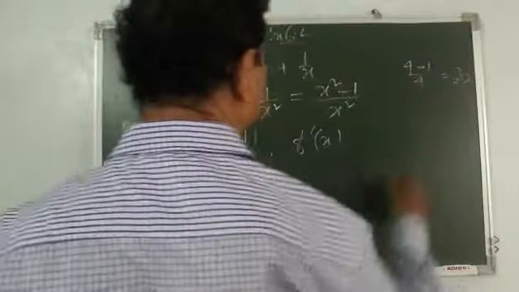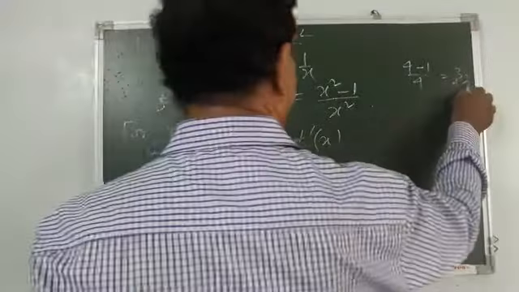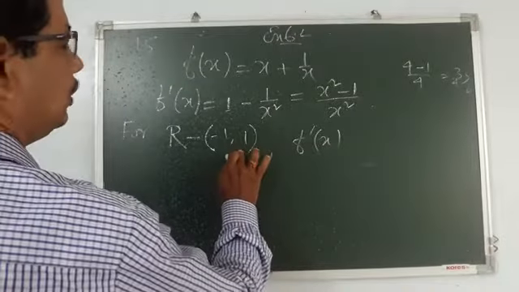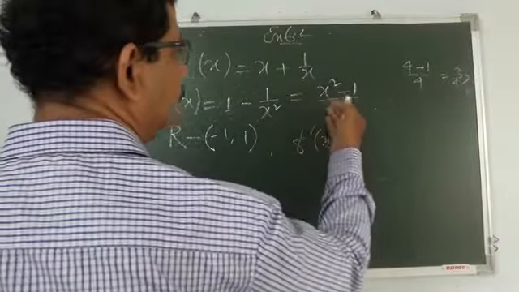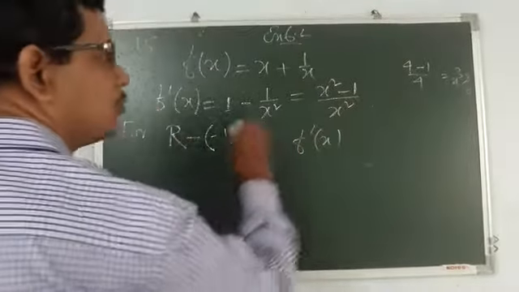It is a positive number. And if we put greater than 1, that is 2, then we get this. If we put -2, this one.